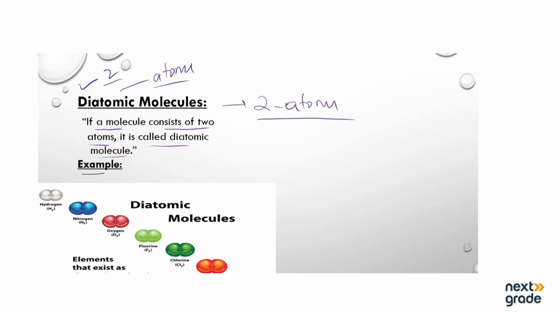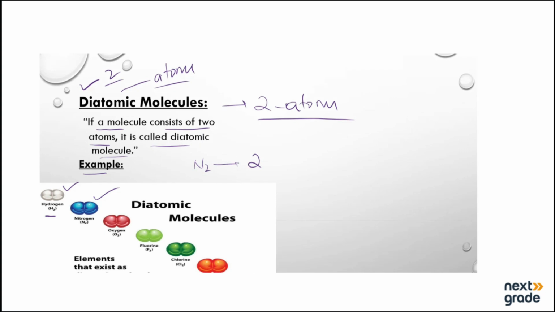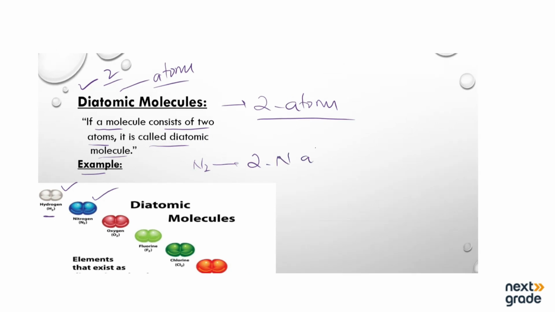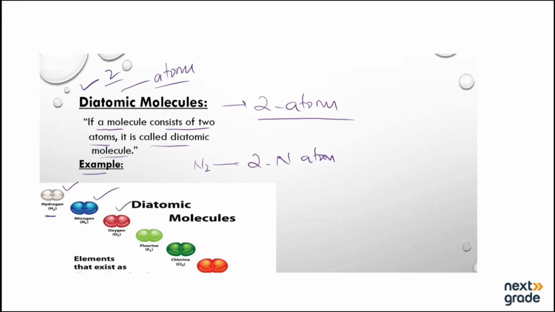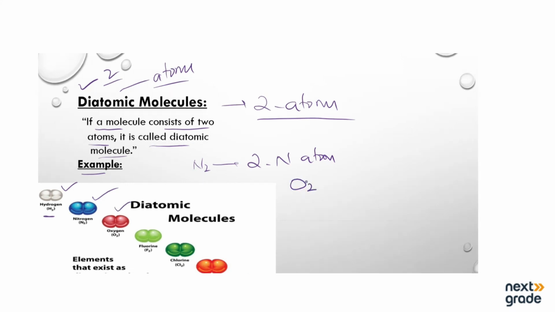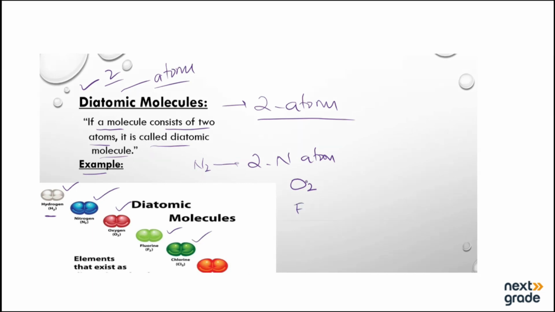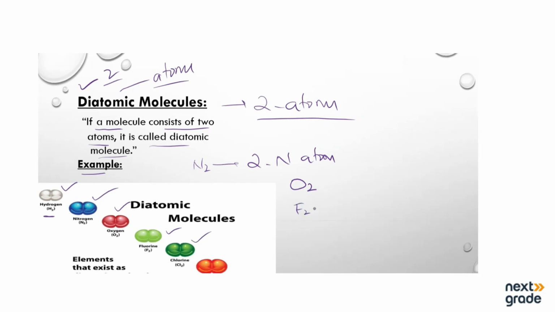The examples of diatomic molecules: we have hydrogen as H2, with two hydrogen atoms. Nitrogen as N2, having two nitrogen atoms. Third, we have oxygen as O2. Next, we have fluorine, an example of a diatomic molecule.